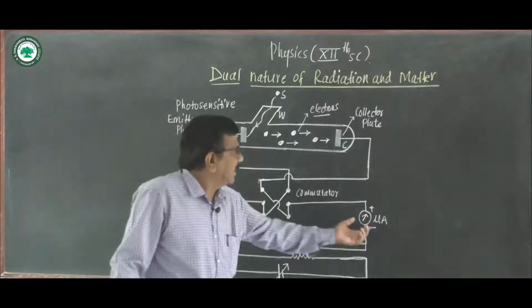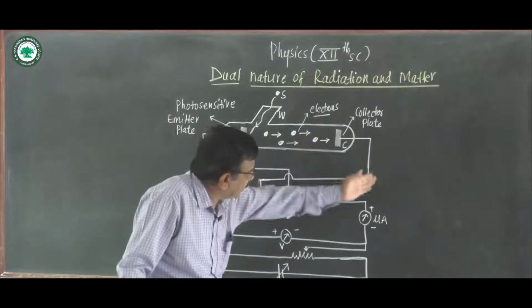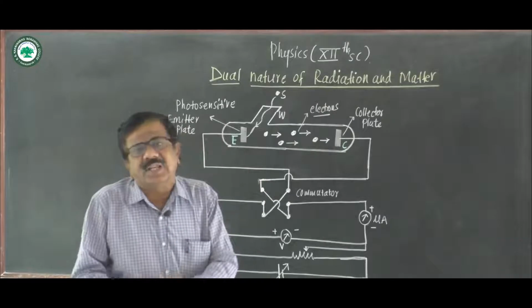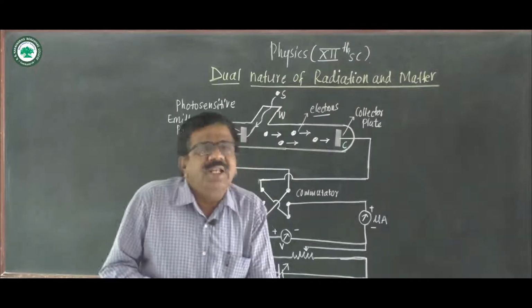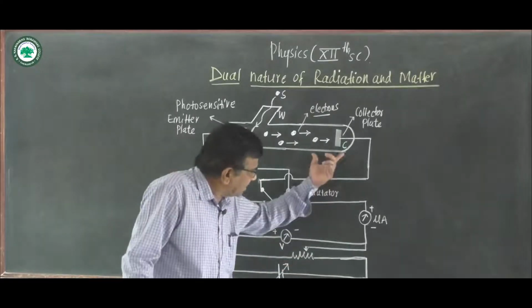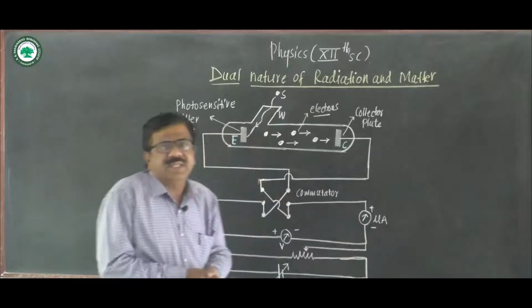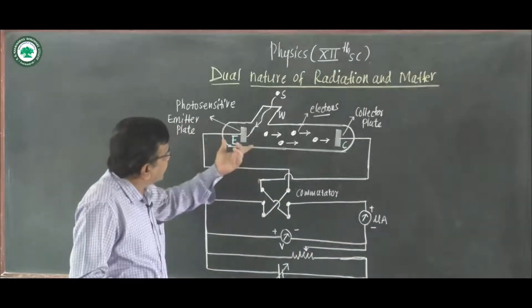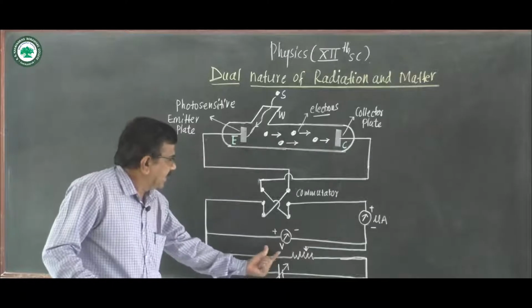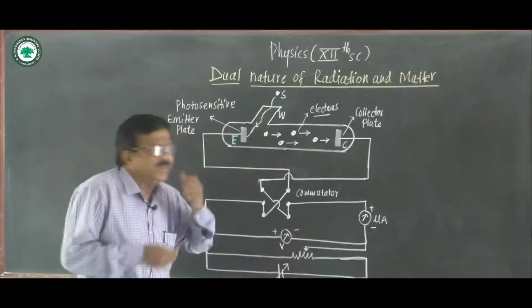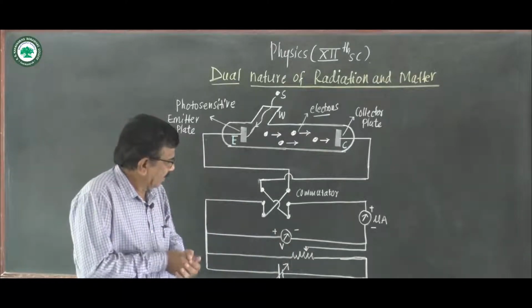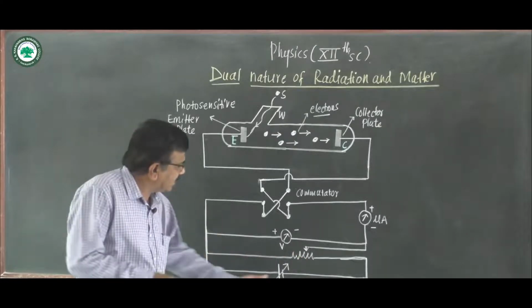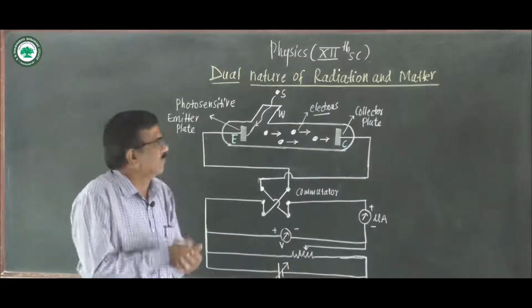When electrons flow through the circuit, we call it a current, or photoelectric current. That current is measured by this microammeter, and the potential difference between the plates is measured by this voltmeter. This is a potential divider arrangement, and this is the variable voltage source.